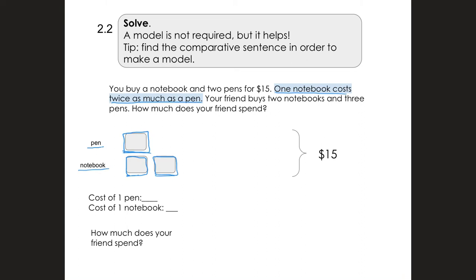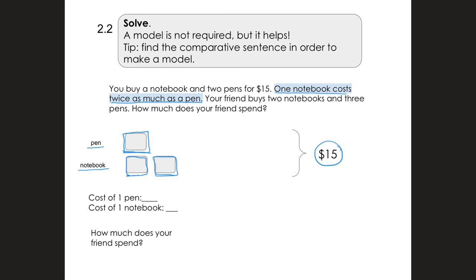Also in the story, it tells me that when I bought a notebook and 2 pens, it cost $15 in all. So now I ask myself, how can I split 15 into 3 equal groups?